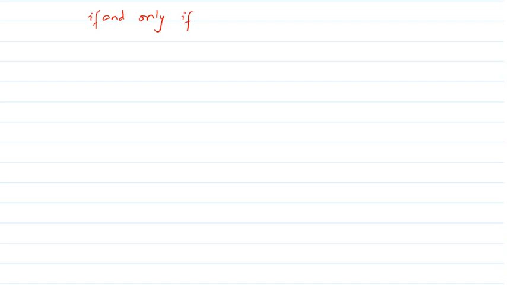We write it as iff. Symbolically, we write it like this symbol, or sometimes you may also see this symbol, right?